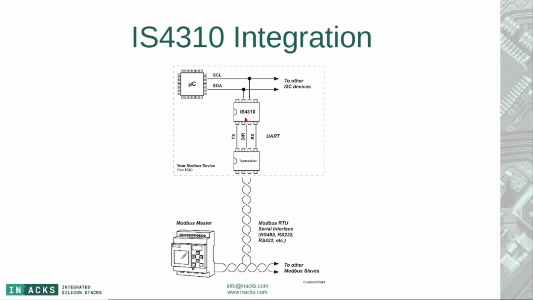You can use this Modbus chip, the IS4310, with RS485, with RS232, or with RS422, or any other kind of serial interface. So just use the transceiver that you need to fit your electrical interface. Say that almost always it will be RS485. Any transceiver can be used as long as it has the TX, RX, and detection pins.